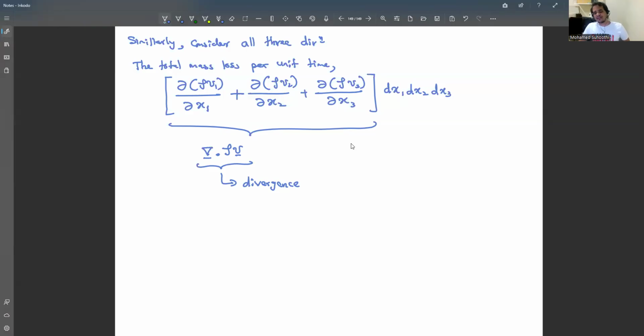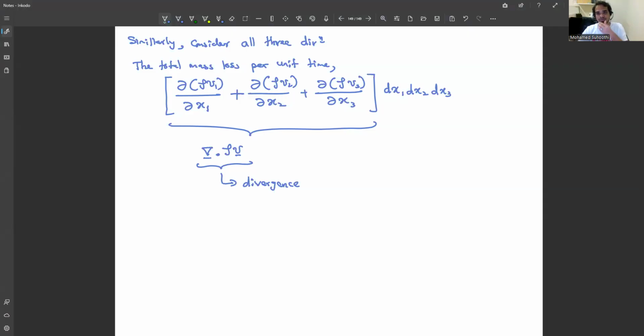This is the physical meaning of divergence. Divergence means mass loss per one unit volume, so the total mass loss is this into the volume.